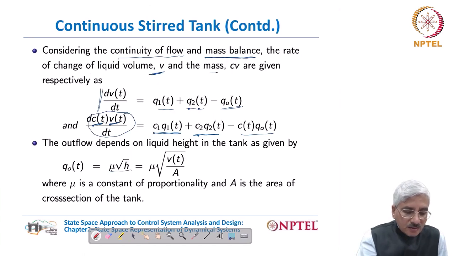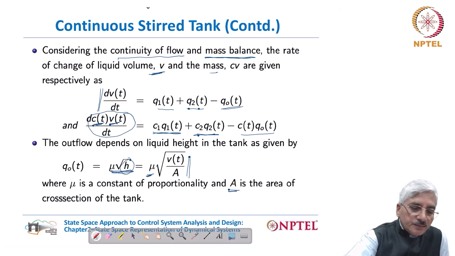So we write this outflow equal to mu into root h, and because h is liquid volume divided by the area of cross section, we make that substitution. So Q0 becomes mu square root of V by A, and mu is the constant of proportionality. Area A is the area of cross section of the tank.